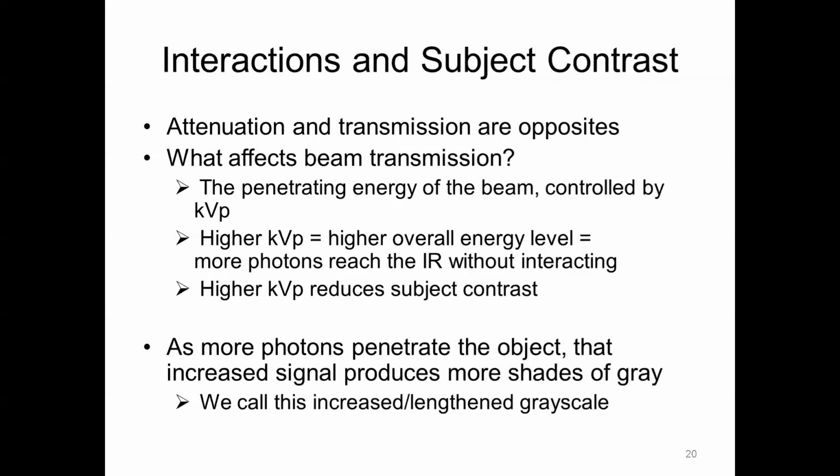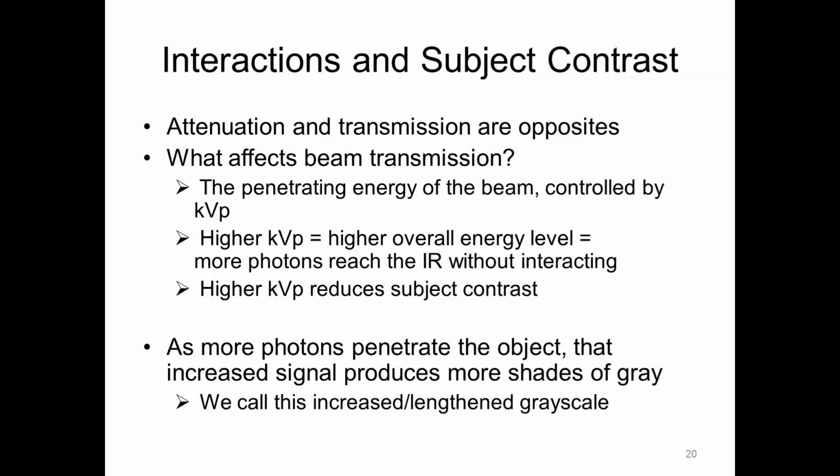And if we do that, we're going to reduce the subject contrast in the remnant beam because we've increased transmission. Those photons are going to penetrate the object, the transmitting photons. They're not going to get absorbed.